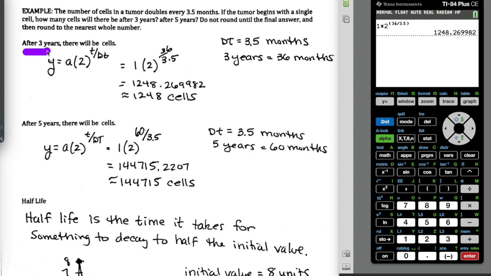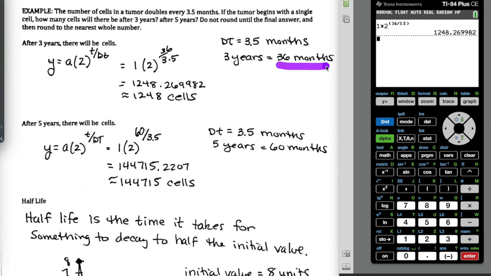So to figure out after 3 years, the first thing we need to notice is that the units for the double time is in months. However, they're asking us to find it in 3 years, so the units don't match up. So we need to change 3 years into months.